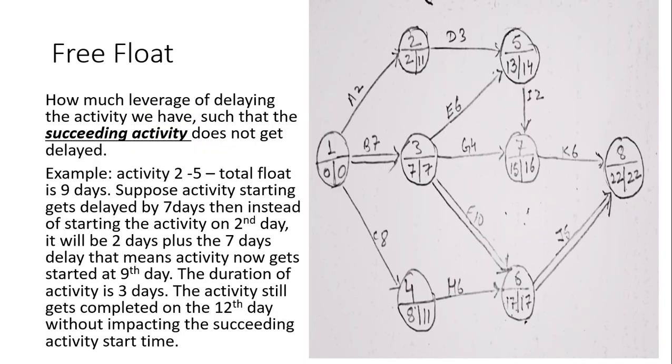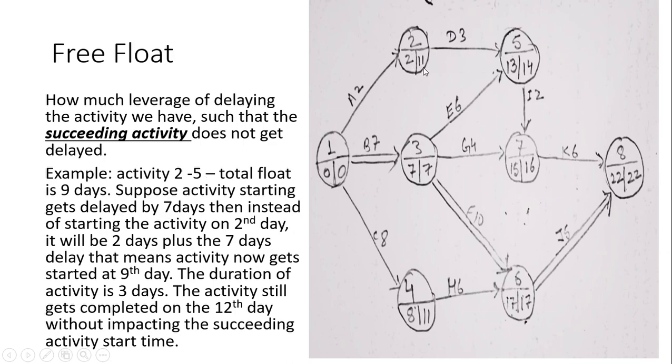The second is free float. Already stated, it is that float which does not affect the succeeding activity. Again, taking the same activity 2 to 5, total float we have already found, that is 9 days. Suppose the activity gets delayed by 7 days. Now instead of starting on the second day, it would be starting on 2 plus the delay time, and the delay time we are assuming is 7 days.